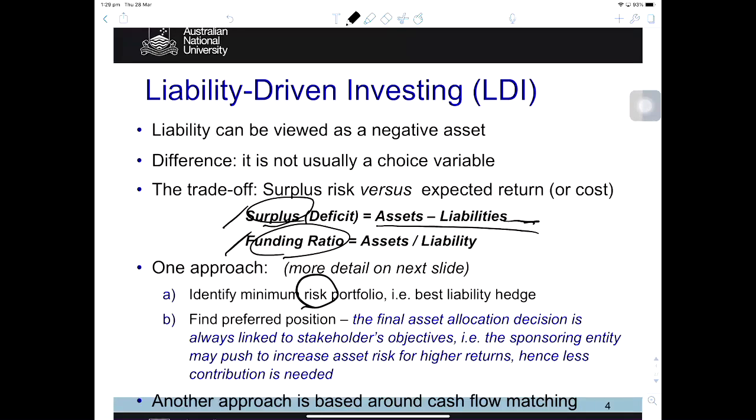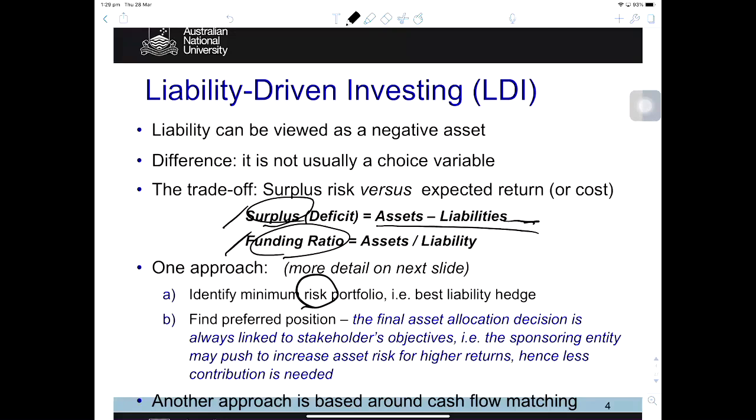Another approach is matching the cash flow. Especially for closed DB funds, they will not receive new members, and they have a certain number of employees or members, for example, 100 employees, and you have a very good idea of the age of these employees and when they're going to retire.